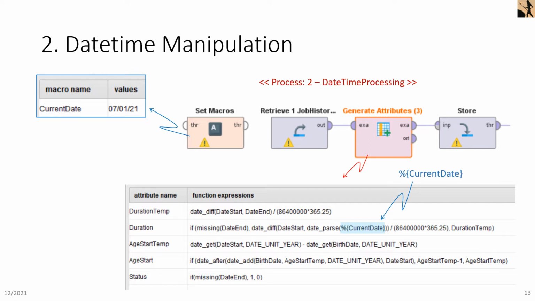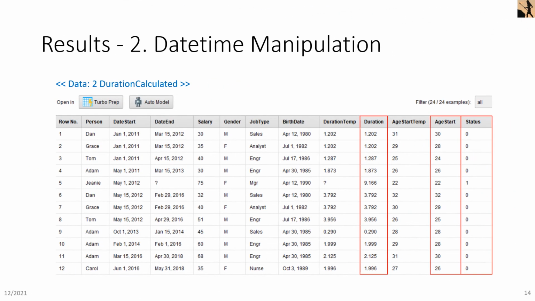So it depends on whether the start date of the job is before or after your birthday. Then we should make some slight change, and you know the logic, right? Anyway, this will calculate all these three attributes: duration, age start, and status for us. So this would be the output, right? Duration and age start and status as we like.